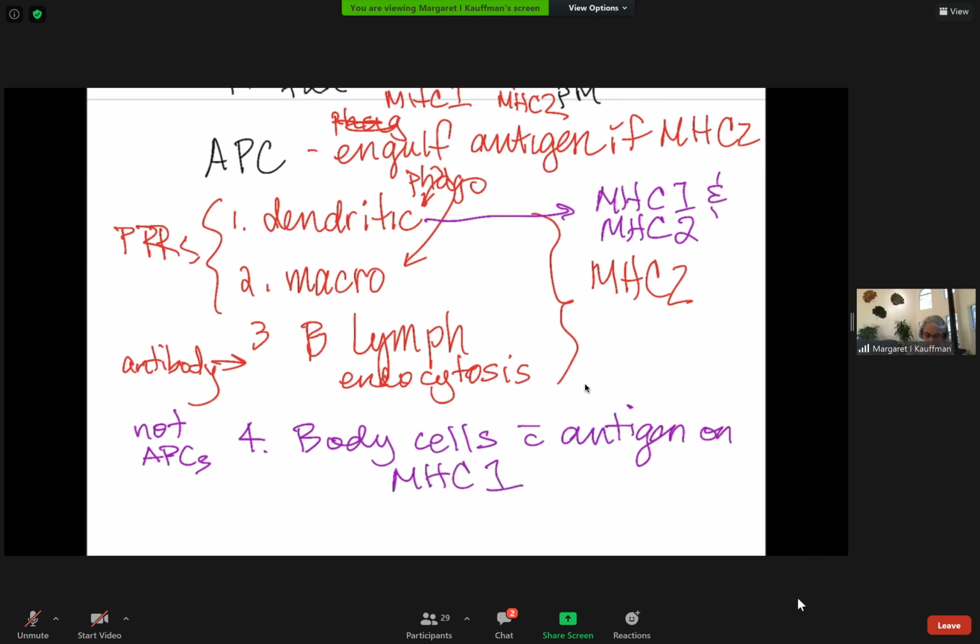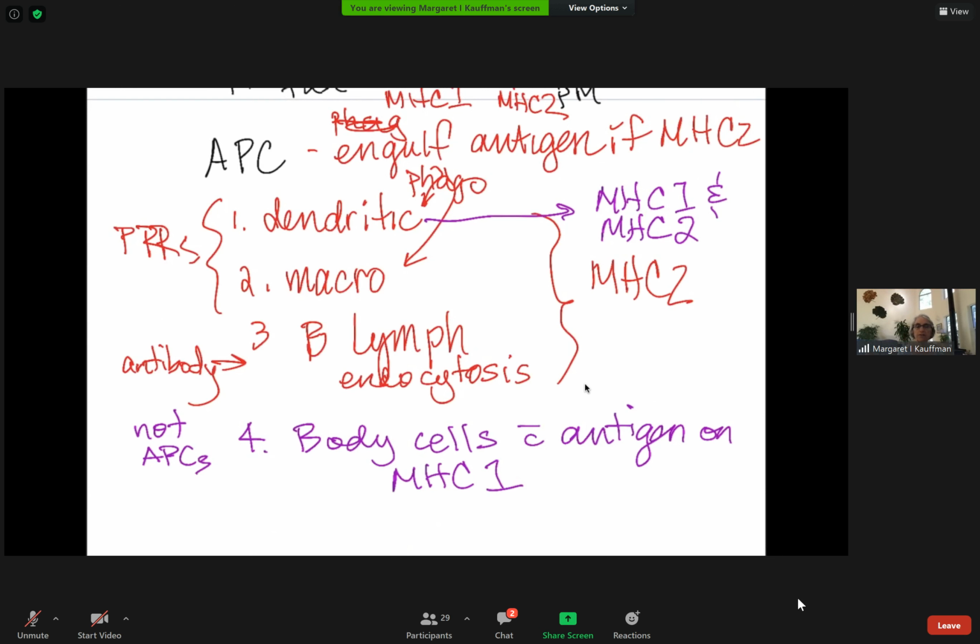MHC1. So one of the reasons you have many more CD8 T cells than you have CD4 T cells wandering around in your blood, it's usually about a 2-to-1 ratio, is some of these CD8 T cells are looking for areas of inflammation where they will leave.